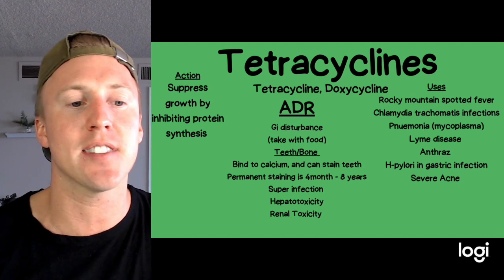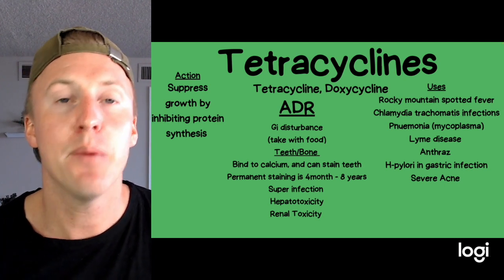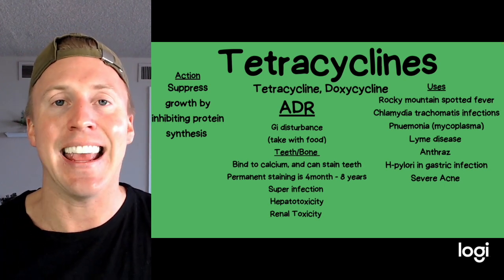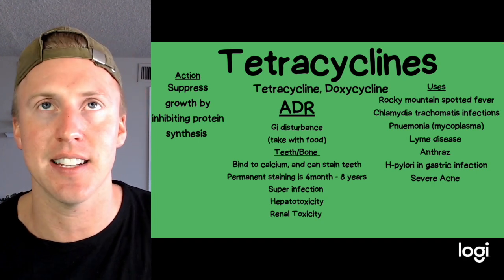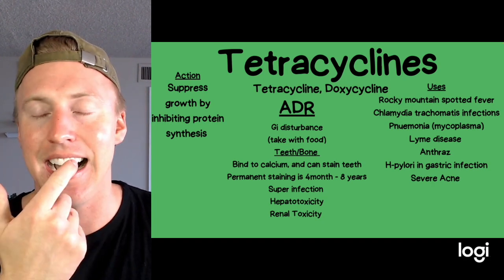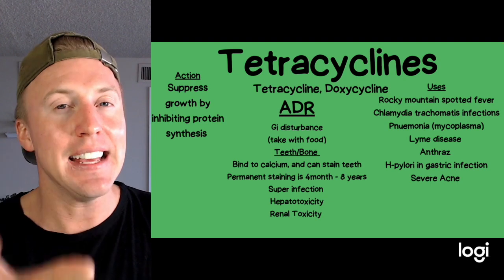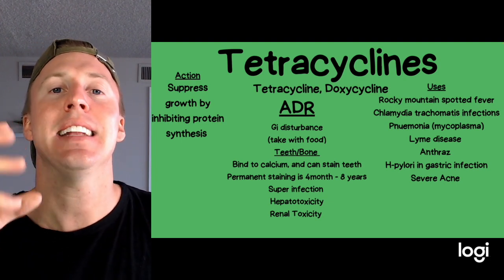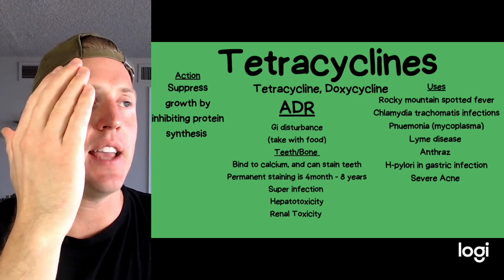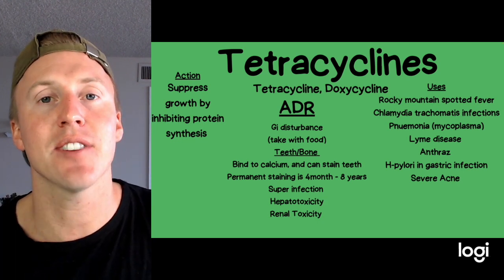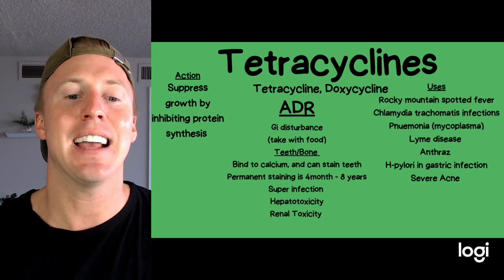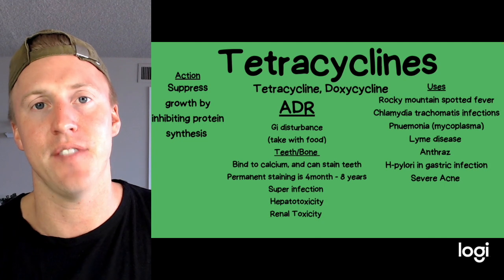What I mean by that is tetracyclines like to bind to calcium. And when they bind to this calcium, they can stain the teeth. Now, the good thing is this isn't usually a permanent staining of the teeth, but it can be permanent in children in the age of 4 months to 8 years. For that reason, we don't really use tetracyclines in kids less than 8 years of age.